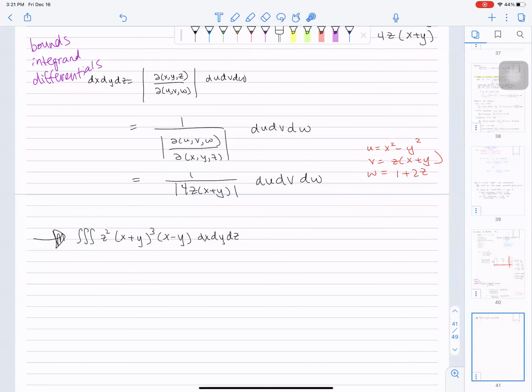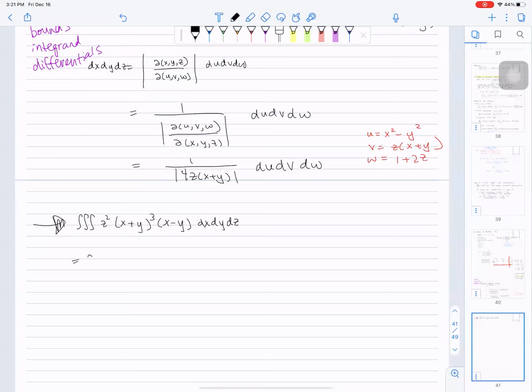But I have a problem. I don't see an x minus y in my u's and v's or w's, right? I see a z times x plus y, but this is squared and this is cubed. So I can't really simplify this into u's, v's, and w's.